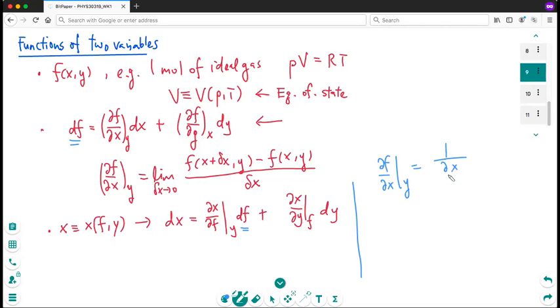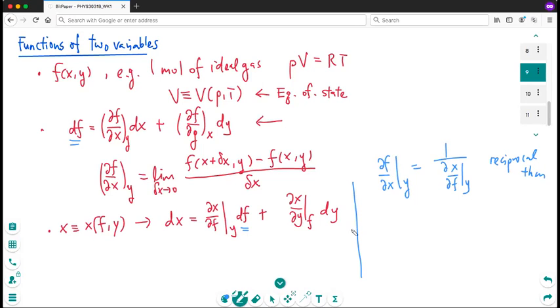This is x, f. Okay, so this is called the reciprocal theorem. It might look very trivial, but you have to learn how to get this. So this is called the reciprocal theorem.